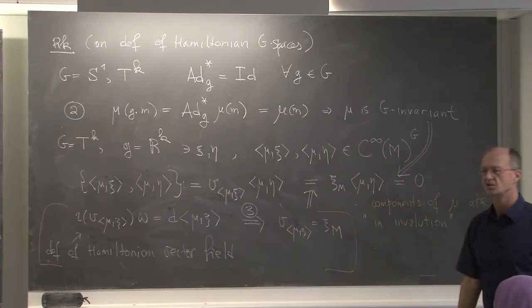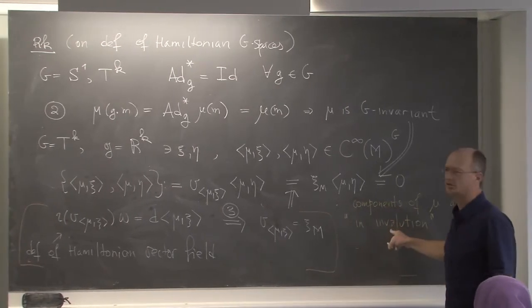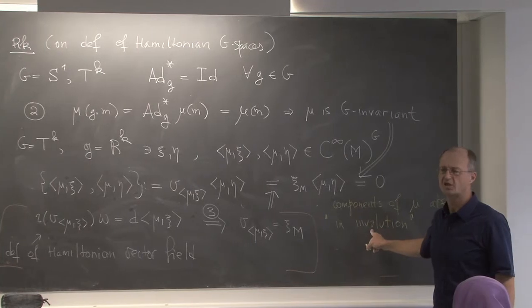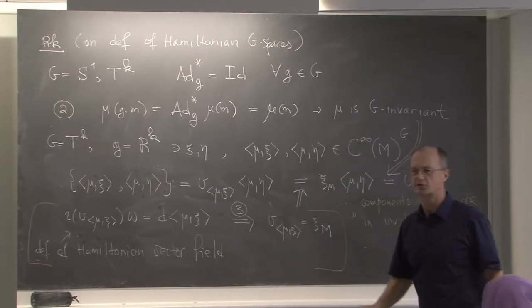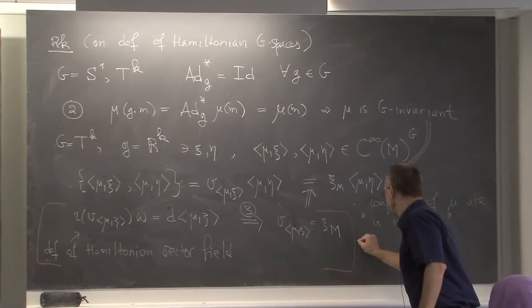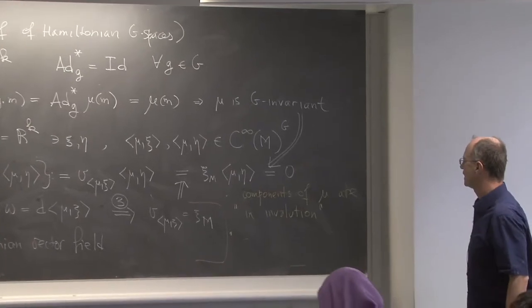So in fact, this simply means their Poisson brackets vanish. I'm not sure. It probably comes from some mechanics, but I don't quite know what involution they had in mind. But these are the terms which are used.